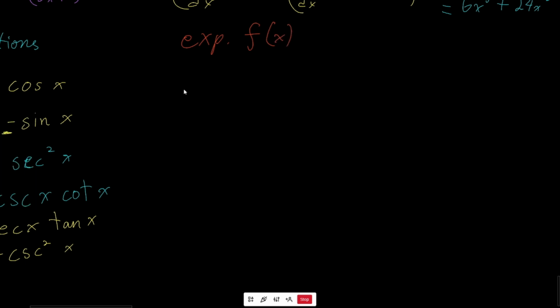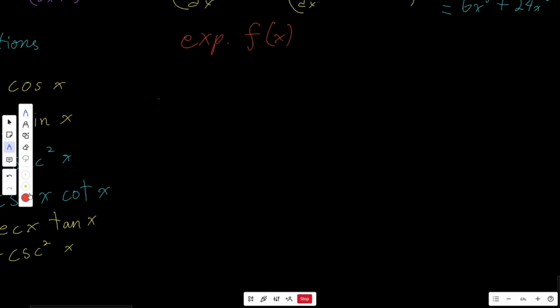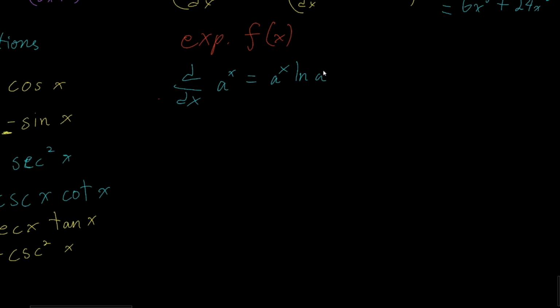We're following the basic formula, which is d dx of, let's say, a to the power of x is equal to a to the power of x times ln a. So basically, we're just rewriting the term and then multiplying it by the natural log of the base. The base here is going to be a.